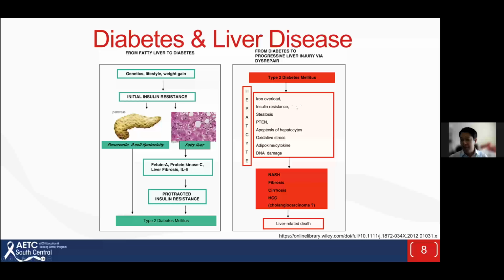So we have the insulin resistance, we have more fat being deposited in the liver. It's causing inflammation, which is now causing fibrosis. And now we get to NASH or MASH, and then ultimately cirrhosis, and even potentially hepatocellular carcinoma, and then ultimately death. So it's this spiral loop that we get in with diabetes and liver disease.